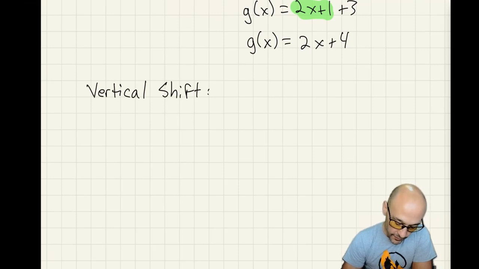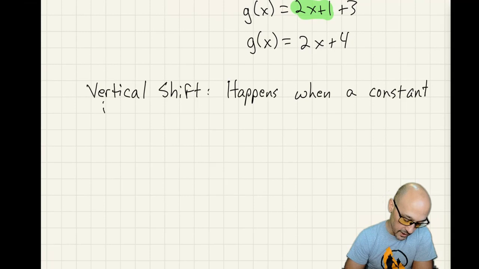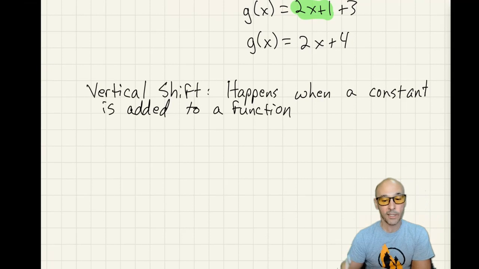So a vertical shift happens when a constant, or a number, a constant is just a number, is added to a function. Now, the constant could be negative. And when it's negative, it's actually going to shift down instead of shifting up.